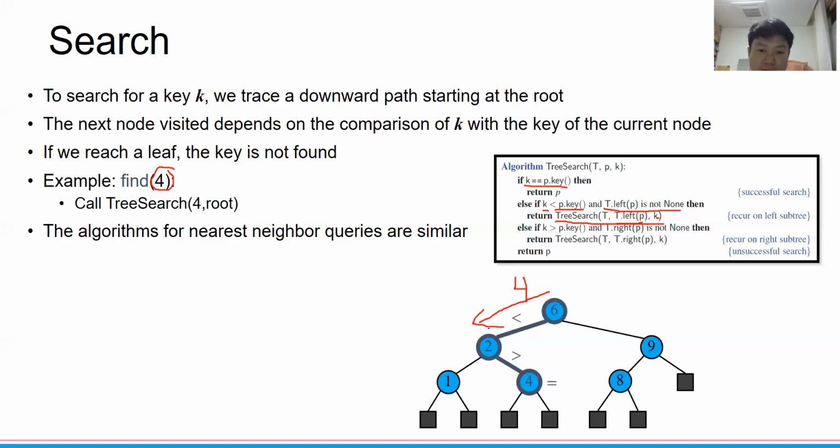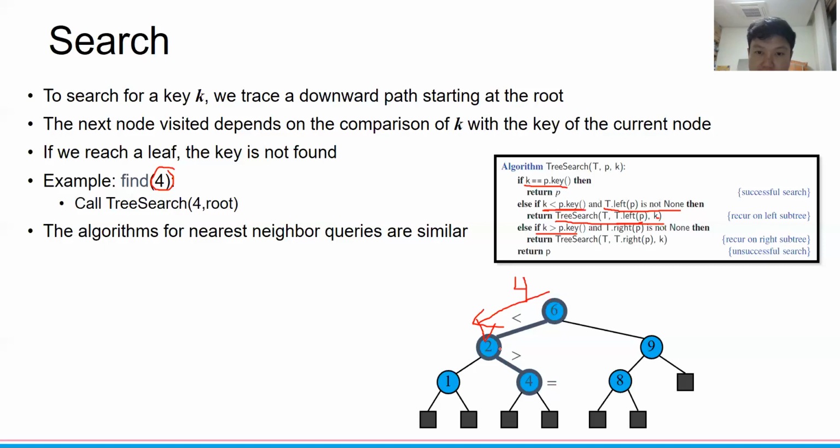Now at this node, we check again 4 compared with 2. Is it the same as 2? No. So we check k, which is 4: is it less than the p key, which is 2? No. Then we check the other condition: k is greater than p key.